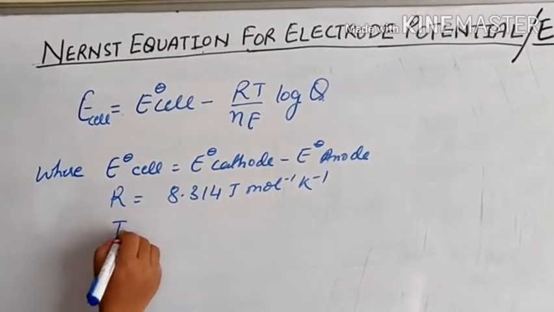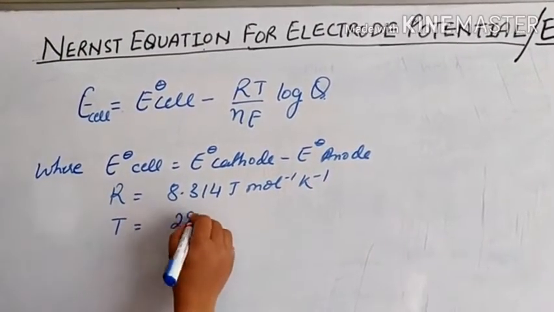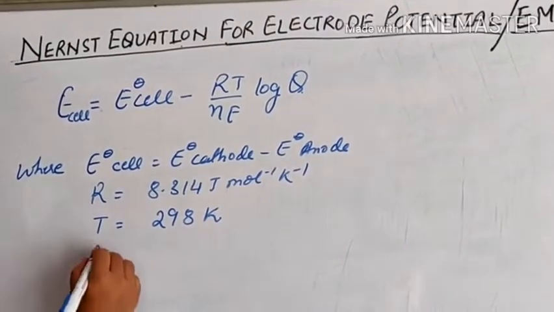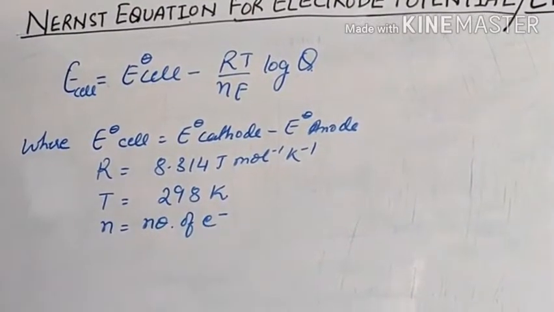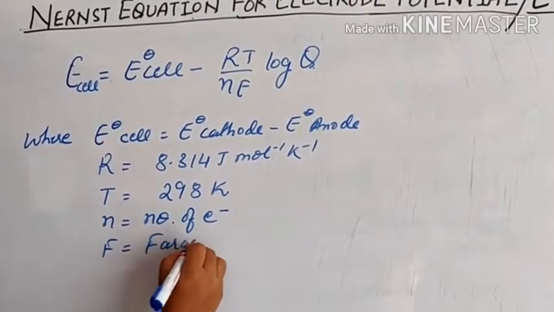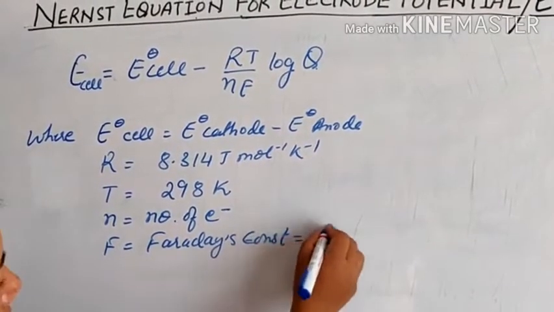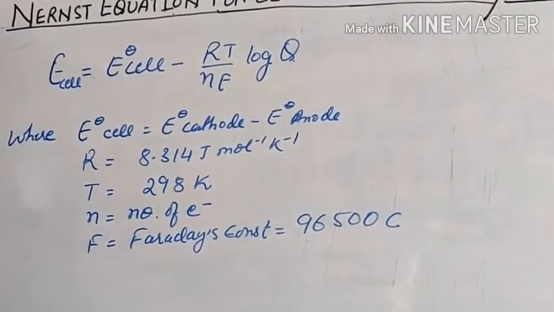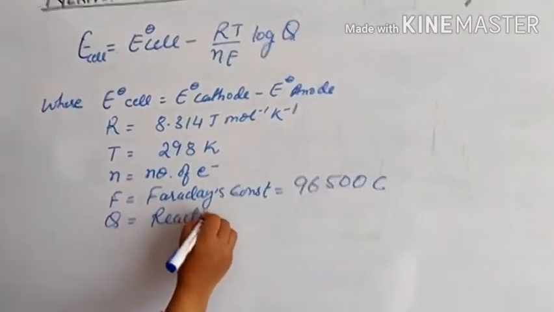T is the temperature, which is the standard temperature, that is 298 Kelvin. N is the number of electrons involved in the reaction, and F is Faraday's constant. Its value is equal to 96500 coulombs. Here Q represents the reaction quotient.